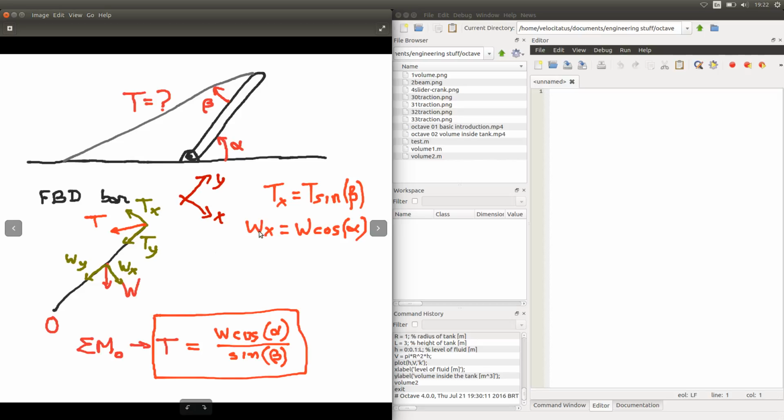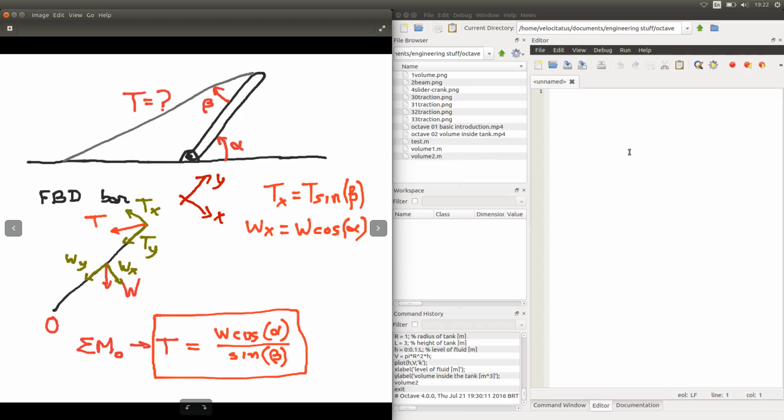The component in x of the weight is given with the help of the angle alpha, repeated here, and it is W cosine of alpha. So we apply the sum of moments around this point, and we can find this expression for the tension in function of the weight, the angle alpha and the angle beta.